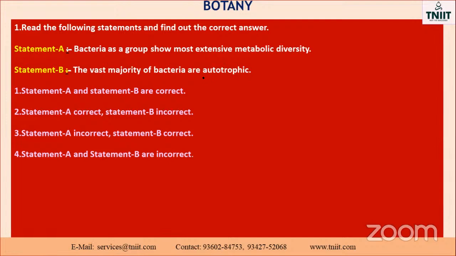Normally, you know the vast majority of bacteria are not autotrophs, because only those bearing chlorophyll molecules can synthesize their own food through the process called photosynthesis, isn't it? But bacteria generally do not bear chlorophyll molecules.